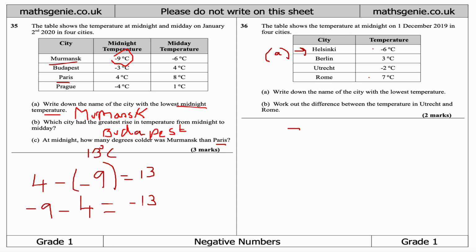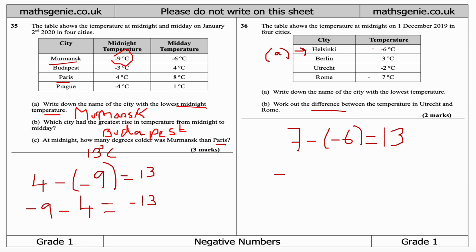Part B, work out the difference in temperature between this city and Rome. So it would be 7 take away -6, or -6 take away 7, but remember that the word difference has to give me a positive value, hence why I do the biggest one take away the smallest.